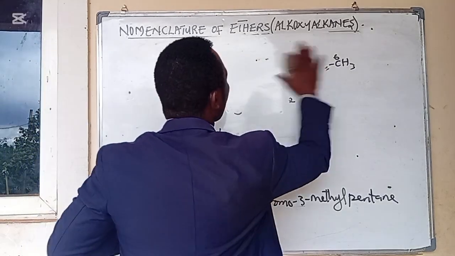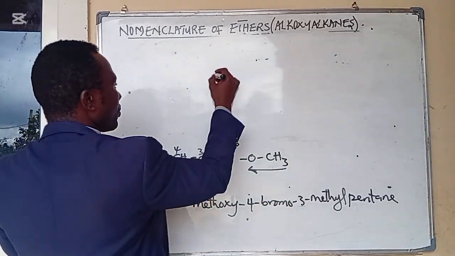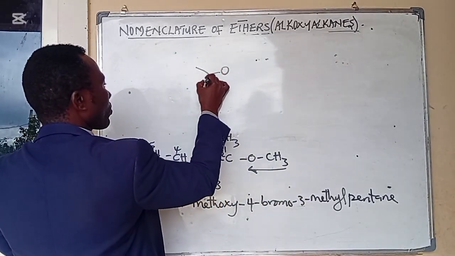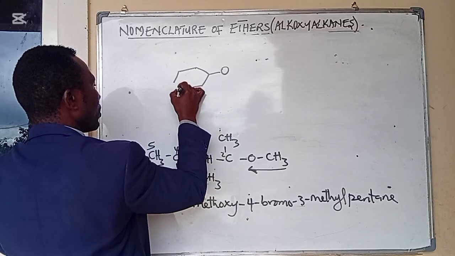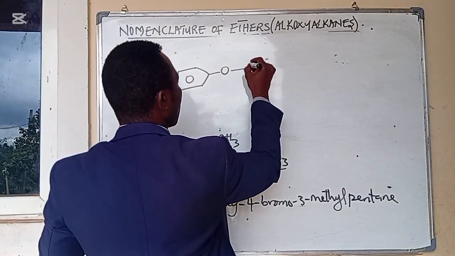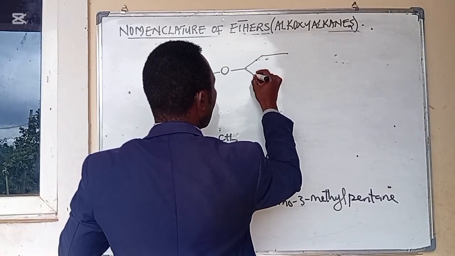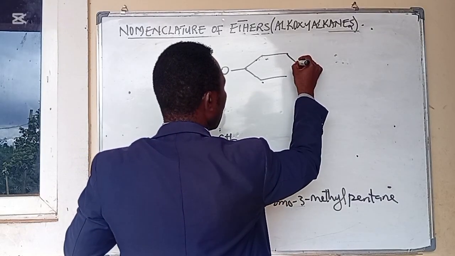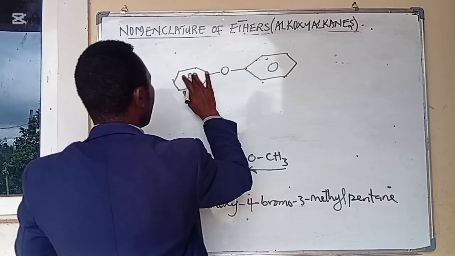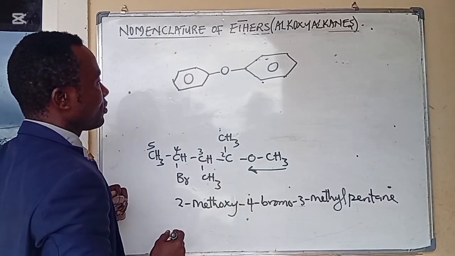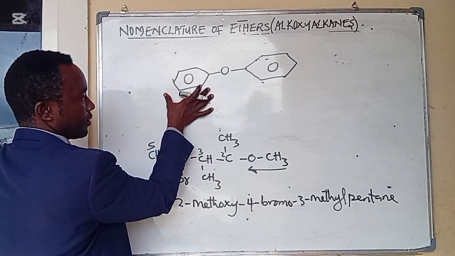All right. What of a case whereby you have an aryl group? Let's say we have this, an aryl group containing a benzene ring. What will be the name? This is phenyl.